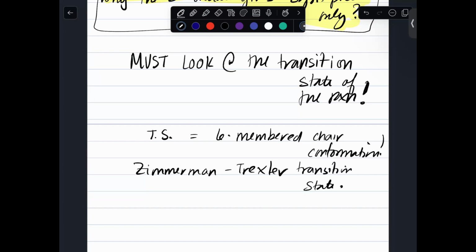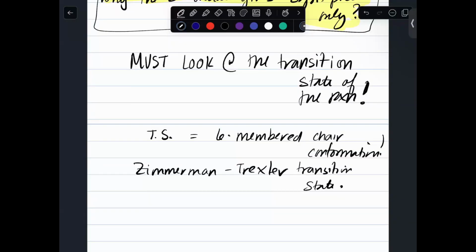You need to learn how to draw these six-membered chair conformations, or Zimmerman-Traxler transition states, which means that you need to learn how to flip chairs and draw axial and equatorial substituents as well.